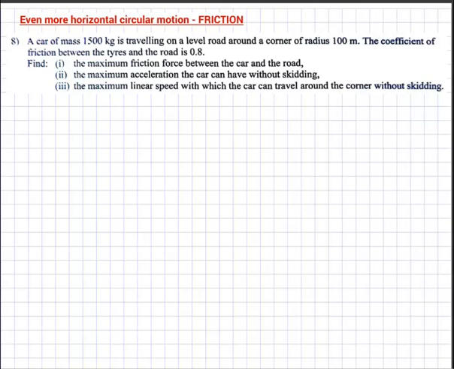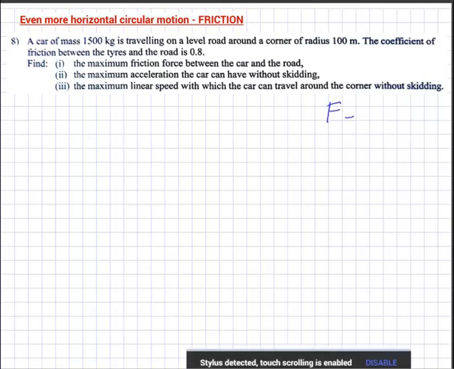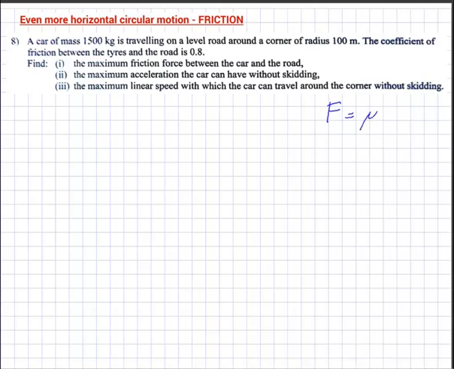A car with a mass of 1,500 kilos is traveling on a level road around a corner. We have a radius of 100 meters, and the coefficient of friction between tires and the road is 0.8. Just to remind you of the formula for friction, friction is worked out as that coefficient multiplied by the normal reaction.